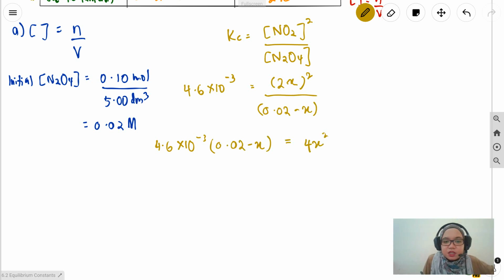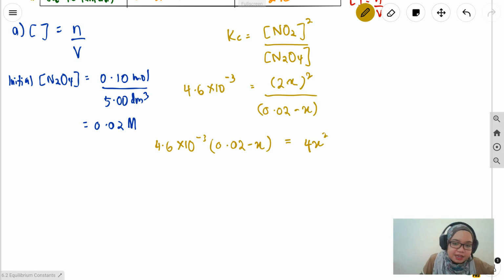Now you need to expand this bracket. So this one times this one and this one times this one. Then you need to change the position to the left side so that this is equal to 0, just like you do in the quadratic equation formula in mathematics.